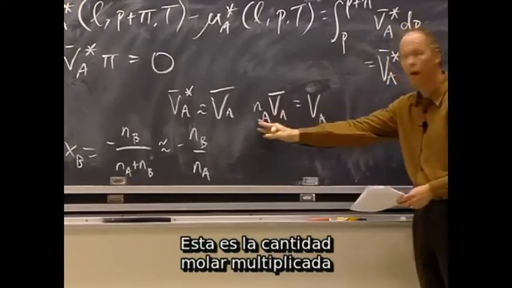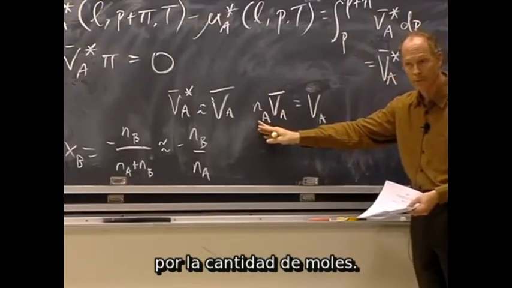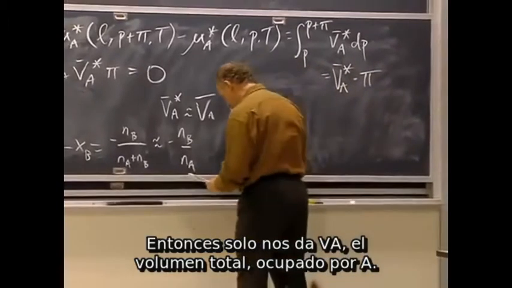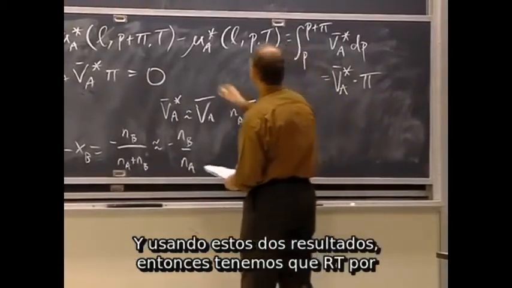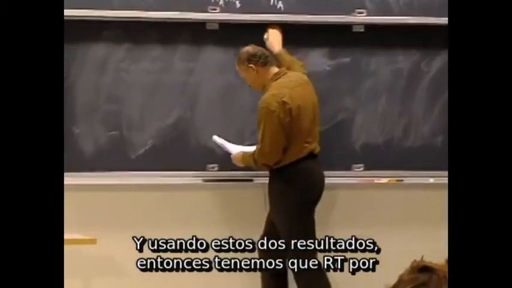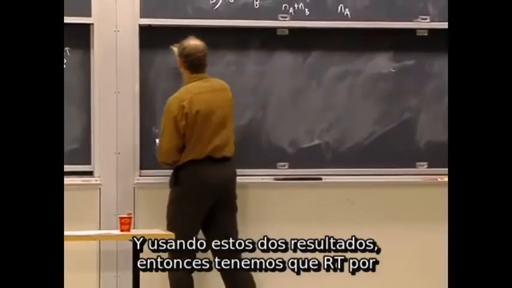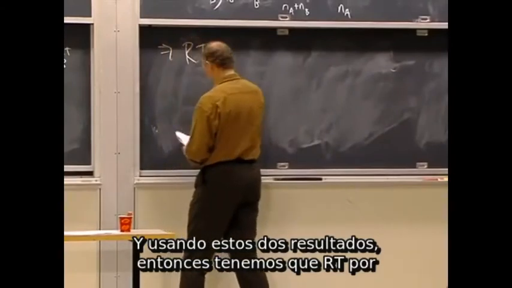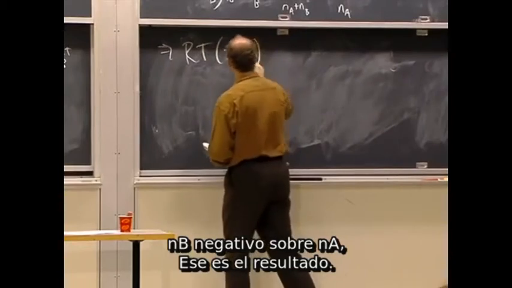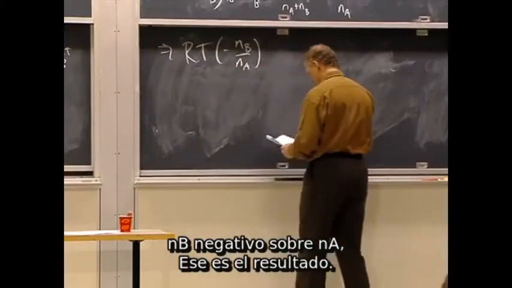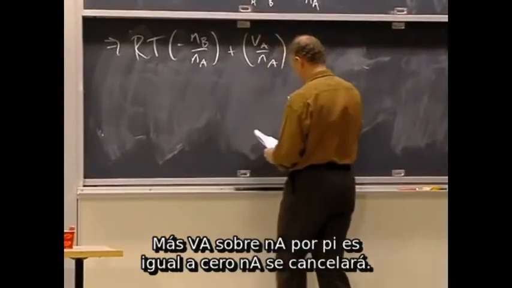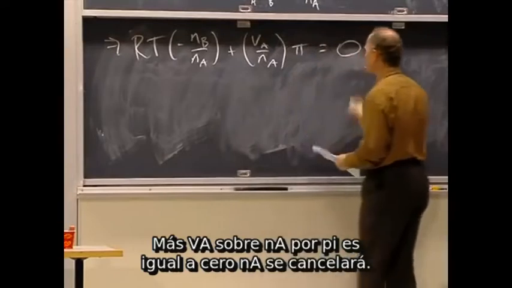This is the molar quantity multiplied by the number of moles, so it just gives us VA, the total volume occupied by A. All right, and using these two results, we have that RT times negative NB over NA, that's this result, plus VA over NA times pi is equal to 0.